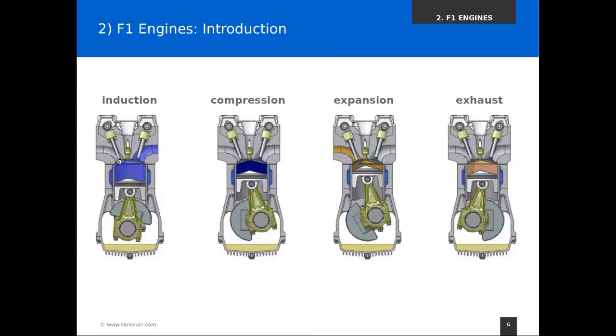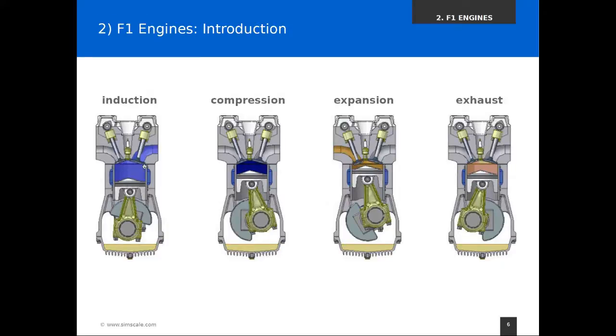These two T-shaped pieces up here, one on the left and one on the right, are the valves. And these valves control the flow of our working fluid inside the engine. So in this state, when we suck in the mixture of air and fuel, we have the valve on the right, which is called the inlet valve, open, while the outlet valve, the one on the left, is closed.